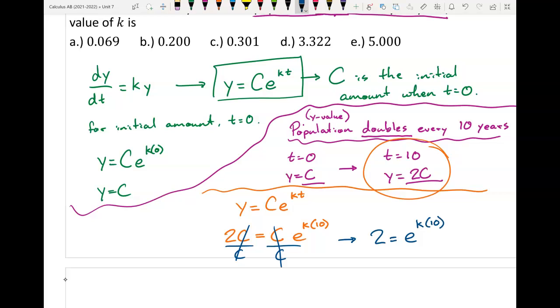Now I only have one variable, one unknown, my k. Before I had 2. I had a c and a k that I didn't know. But now my c's, because of this relationship, it doesn't matter what my c is. In 10 years, it's going to be doubled. And so the c amount gets canceled out, and I'm just left with that doubling amount. Yes?